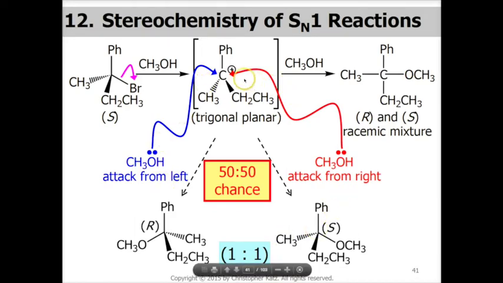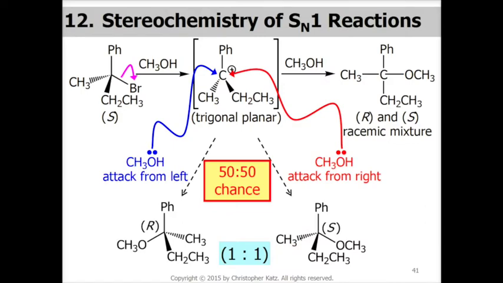And so that's the reason why you have essentially a racemic mixture whenever you have your leaving group that is also a stereocenter. So here we have this S stereocenter, and once this guy here leaves, all this S information has now left, right? So then your trigonal plane can be attacked from either this side here or the other side there to give you a 50-50 chance of R or S.